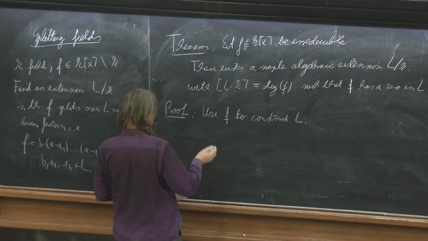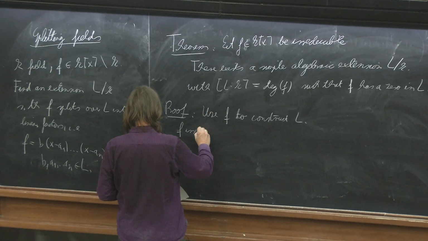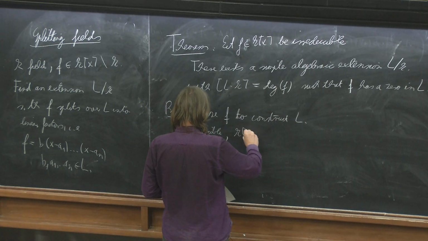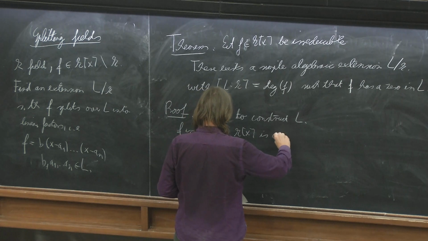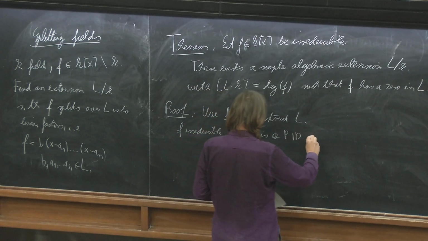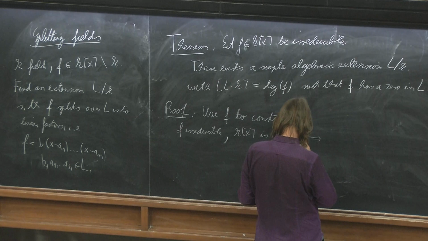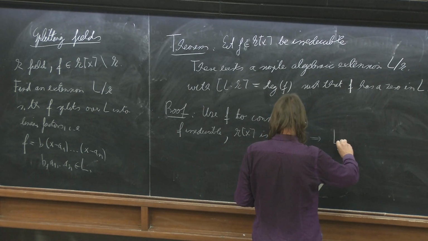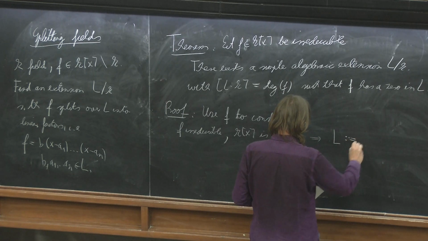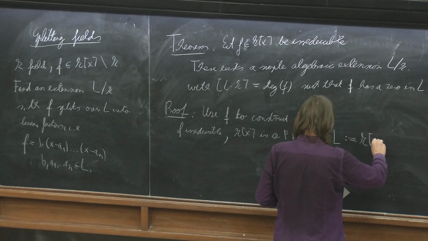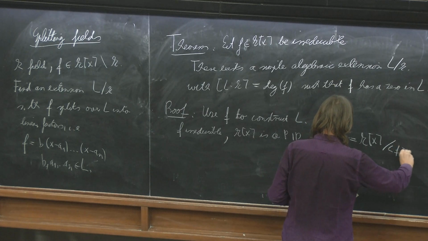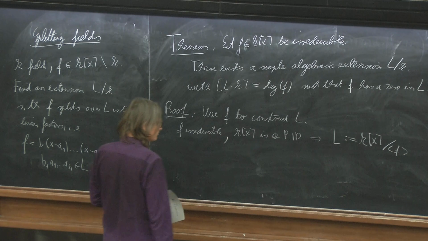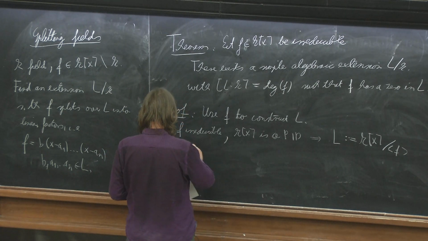So again, we have the same story. F is irreducible, and K[x] is a principal ideal domain. So thus we have that L, which I defined to be K[x] modulo the ideal generated by F, is a field.